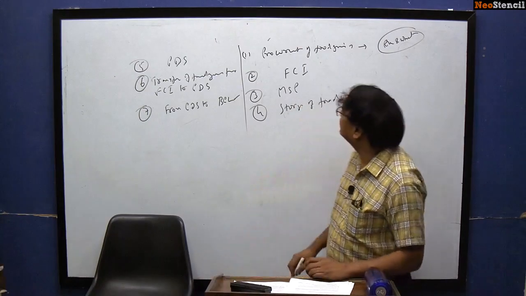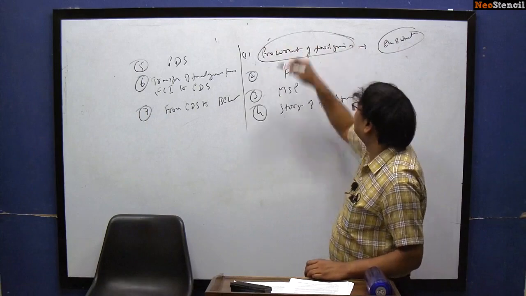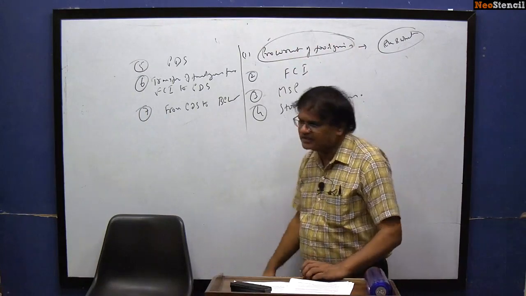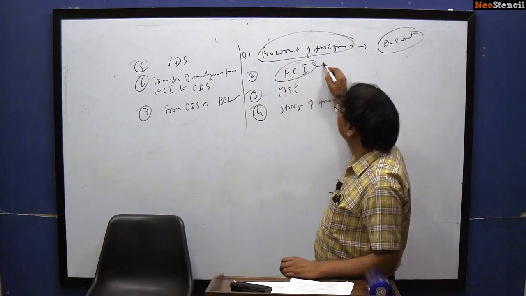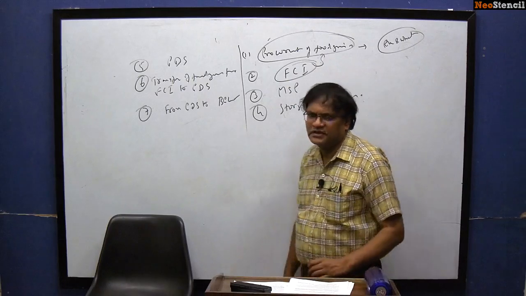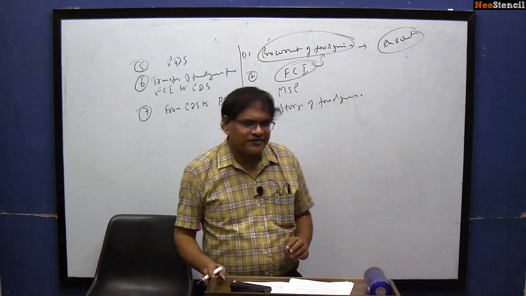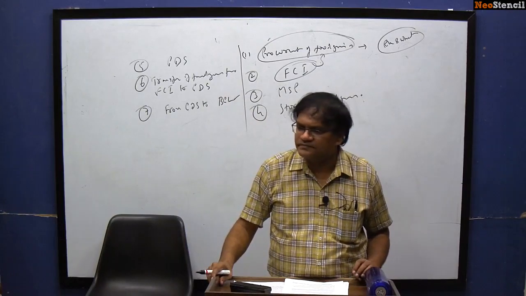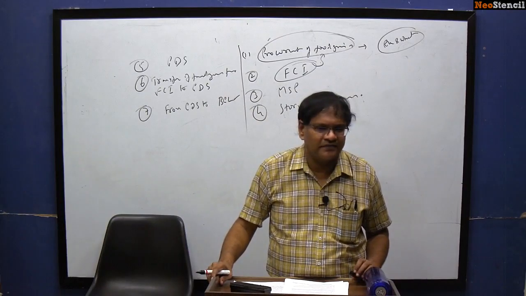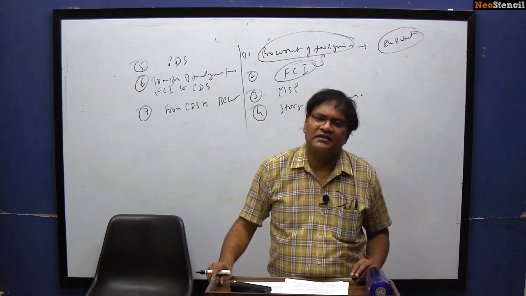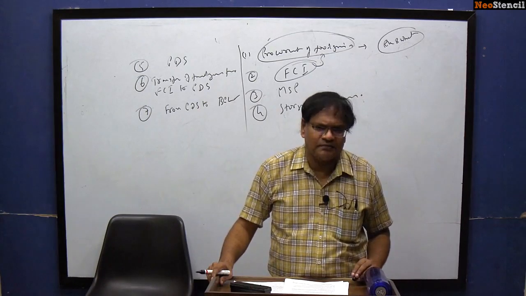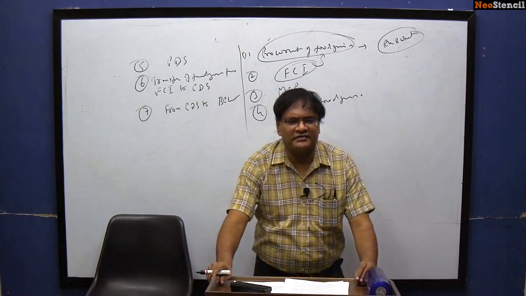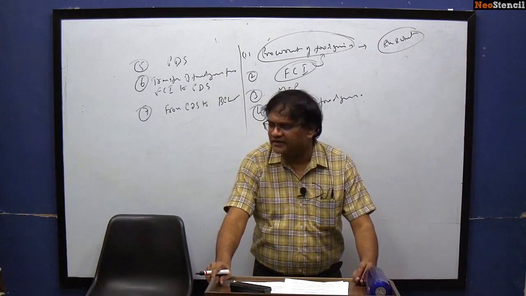Second thing is, right now, it is the Food Corporation of India which is procuring the food grains. And what is the role of the state governments here in terms of procuring food grains? Food Corporation of India will procure food grains mostly from how many states in India, especially rice and wheat?